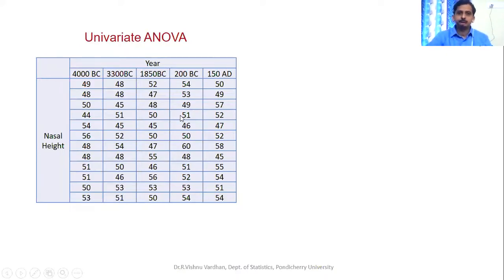But in a practical scenario, we won't come across a single variable. Suppose I want to measure the cardiac profile, then a 5 ml blood sample will give me the total profile, what is called the lipid profile. The lipid profile will tell how your HDL, high density lipoprotein, is, how your LDL, low density lipoprotein, is, how your VLDL is, how about cholesterol, how about total triglycerides, all these parameters.